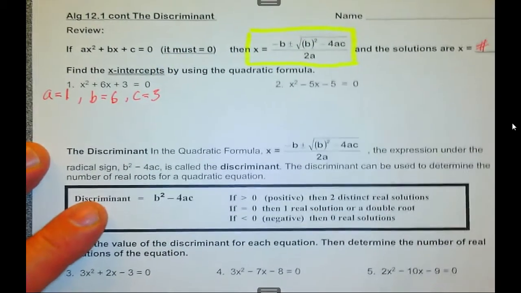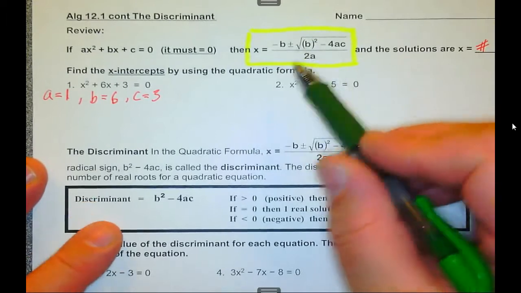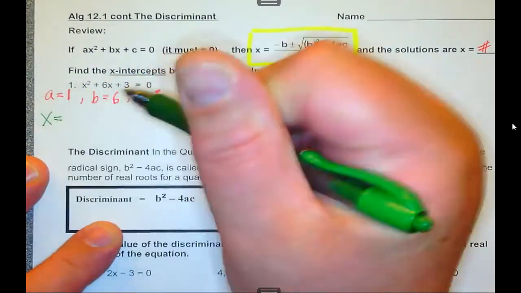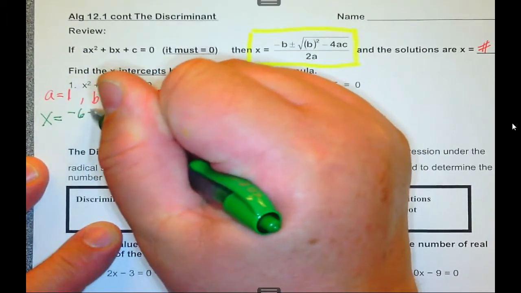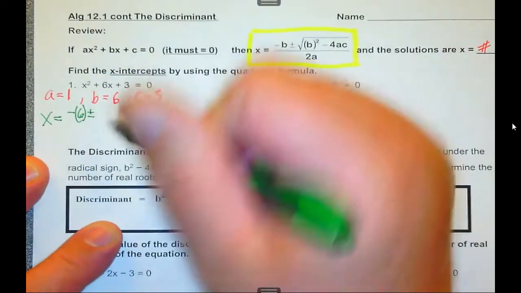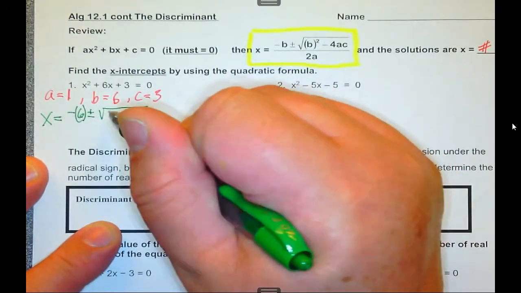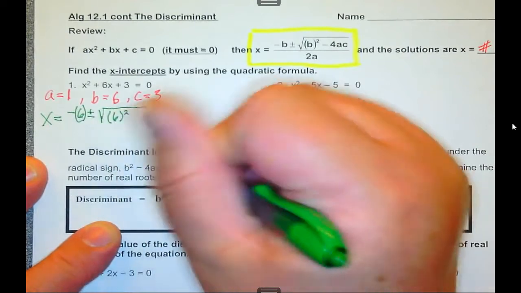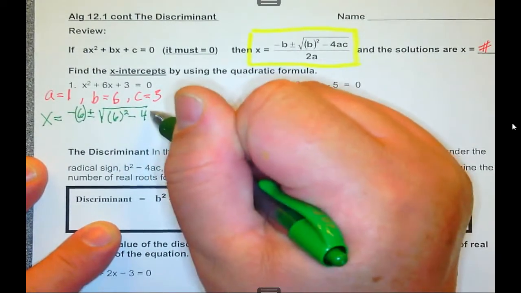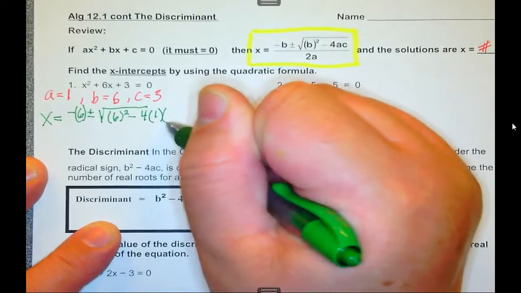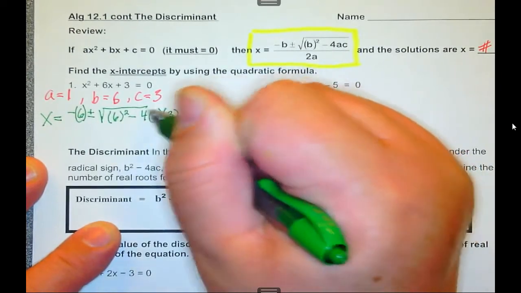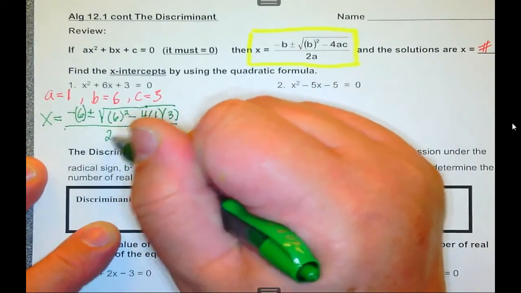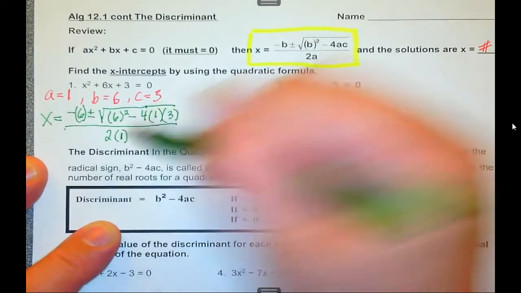Then we plug that all into the quadratic formula. x equals negative b plus or minus, I should put that in parentheses, the square root of b squared minus 4 times a, which is 1, times c, which is 3, all divided by 2 times a, which is 1.